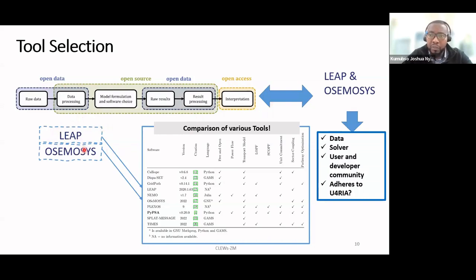So OSeMOSYS, of course, aligns with these principles. So these were more or less soft linked or worked in a complementary fashion. I think later on we'll be able to see how the energy demand was modeled in LEAP and how that was fed into OSeMOSYS for the CLEWs modeling aspect.